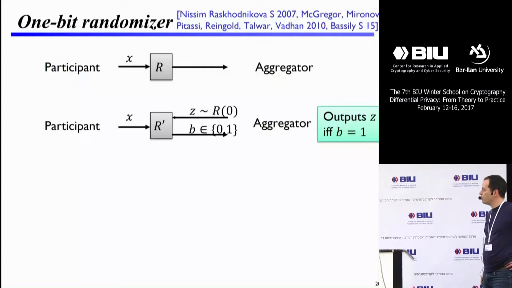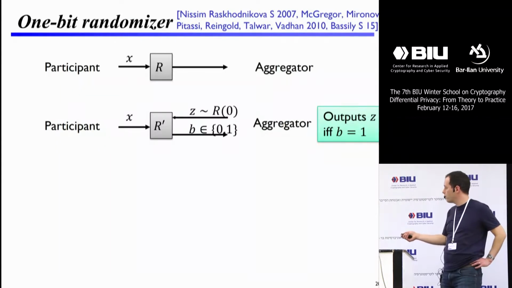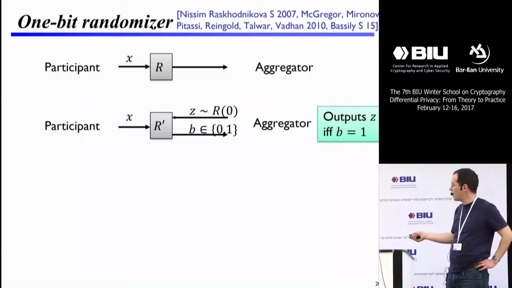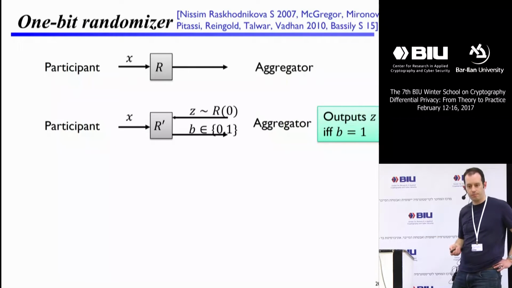Okay, so we're going to transform it into a new protocol, and the new protocol is going to have the following form. The aggregator is going to sample an output of this randomizer with some default input, let's call it 0.